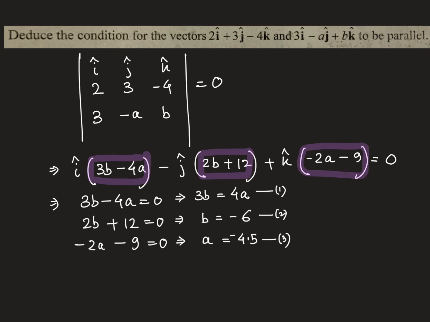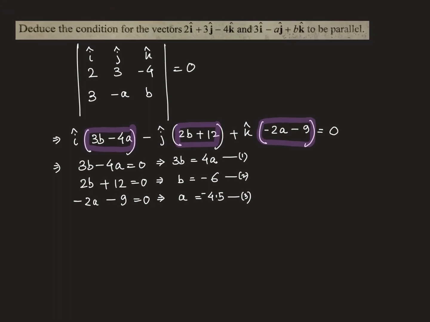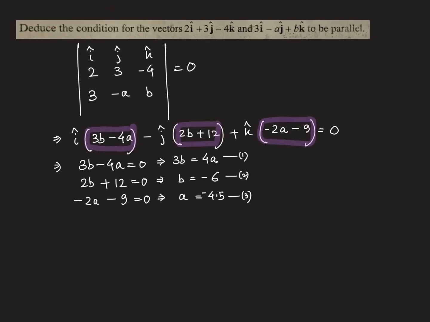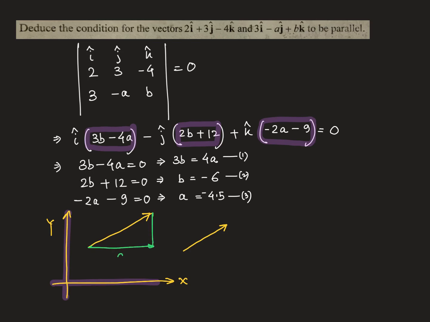See, this problem can be solved by one more method. Quite evident, suppose you have two parallel vectors, say in the xy plane only. For simplicity, we consider two vectors in the xy plane. If the two vectors are parallel like this, and they have these components, say this is a1, a2 for this vector, and for the other vector the components are b1 and b2.